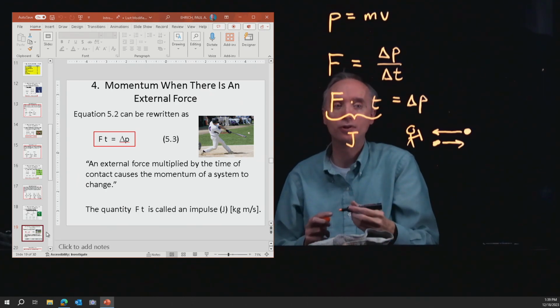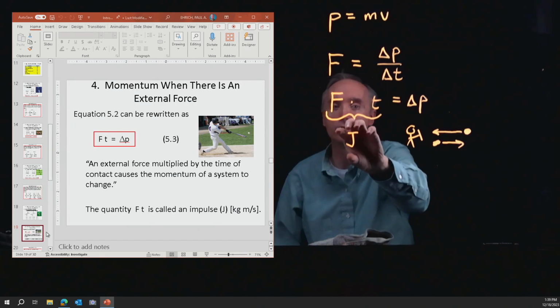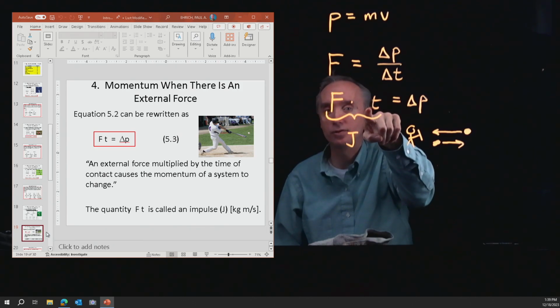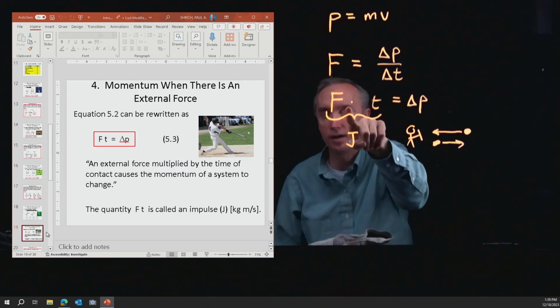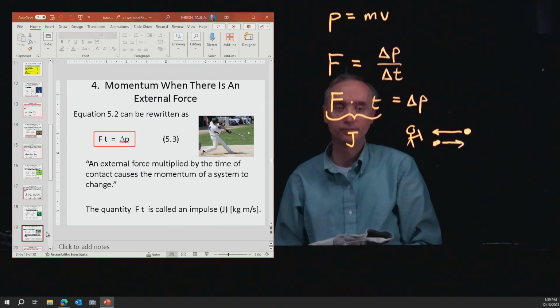But you should understand what an impulse is. An impulse is the force that you apply and the amount of time it took you to apply the force. And what an impulse does is it changes the momentum of the system. So that's important. You should know what an impulse is, and you should be able to calculate with it.